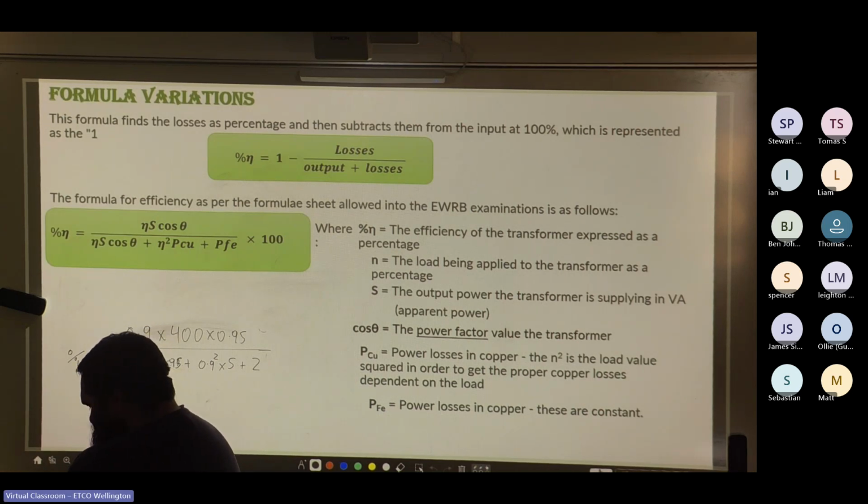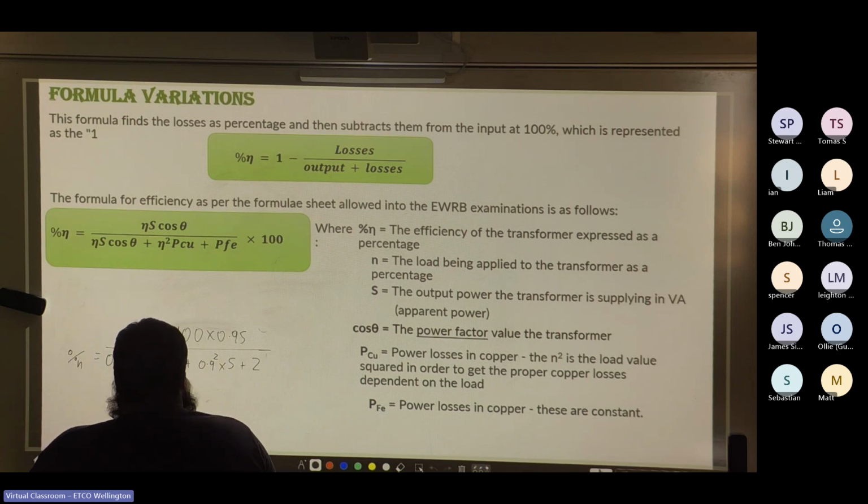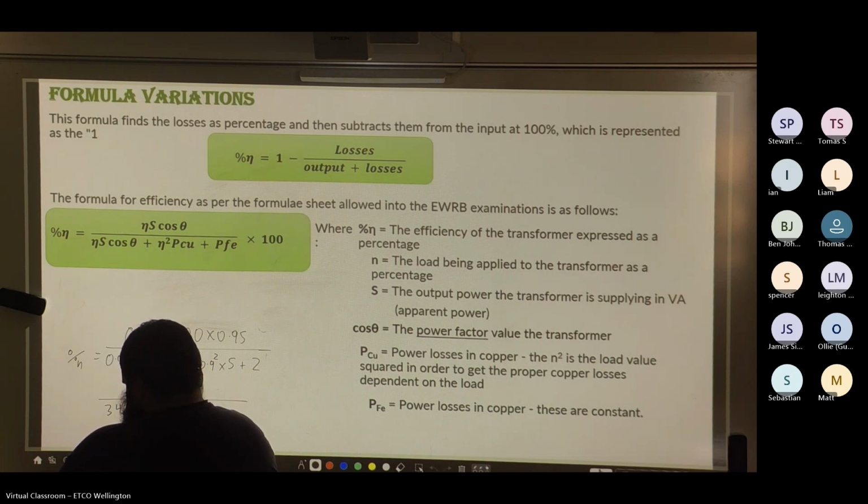Cool. So we break that down into lines. The top one is 0.9 times 400 times 0.95, which gives 342, over 342 plus 0.9 squared times 5, which equals 4.05, plus 2.